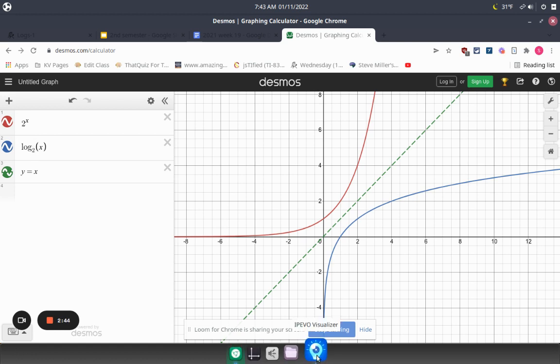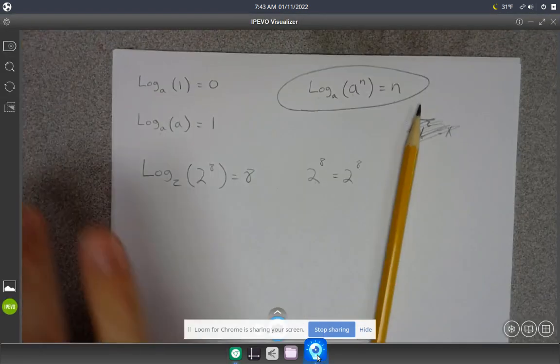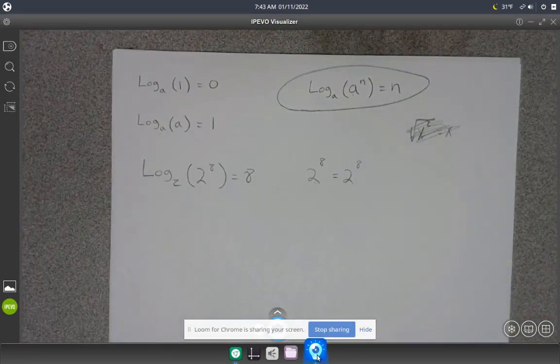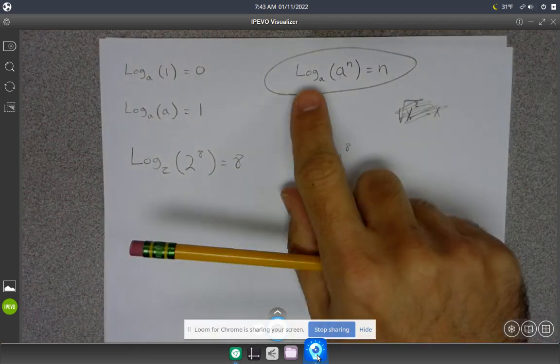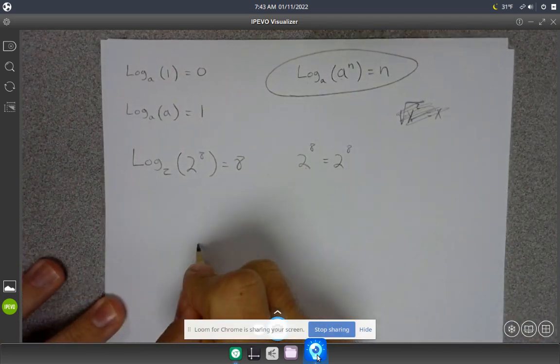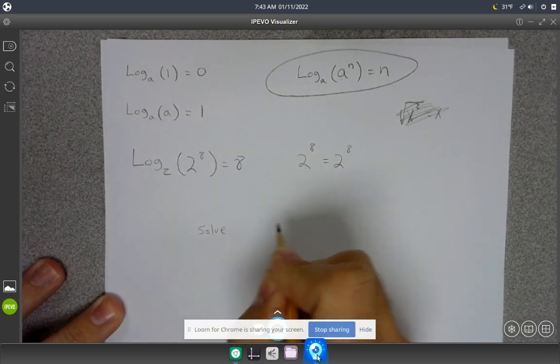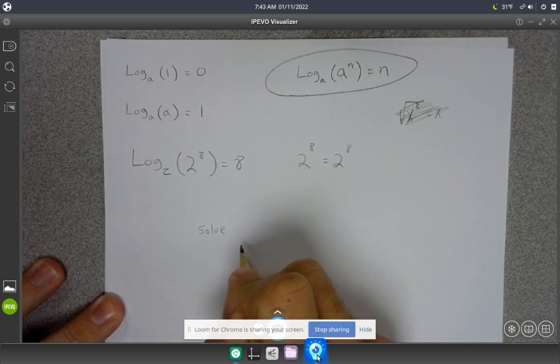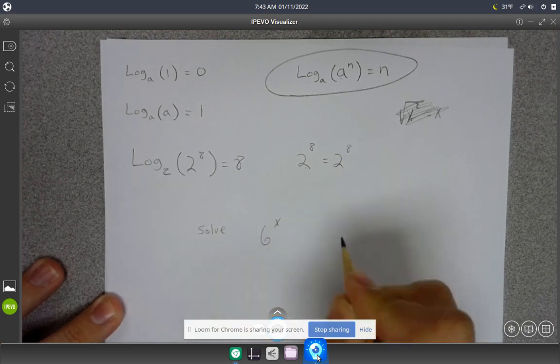All right, but I'm going to use that fact to solve exponential equations. So because logs and exponentials are inverses of each other, we can use them to solve exponential equations.